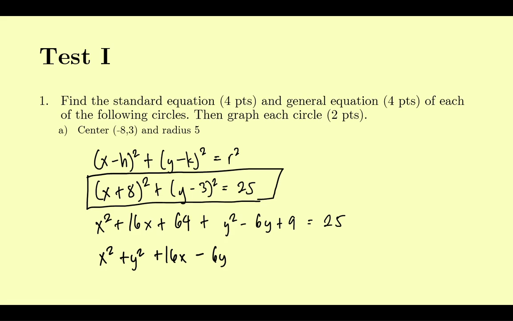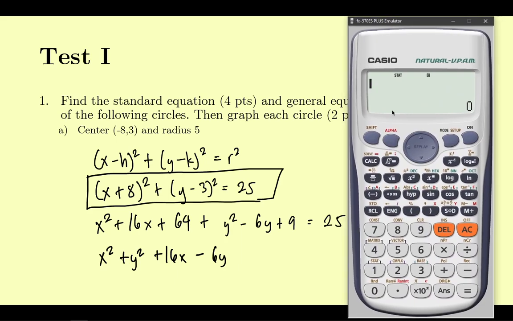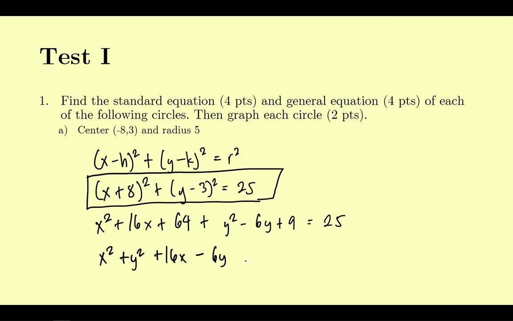Let's use fx. So 64 plus 9 is 73. So that's 73. Plus 73 is equal to 25. And then x squared plus y squared plus 16x minus 6y.